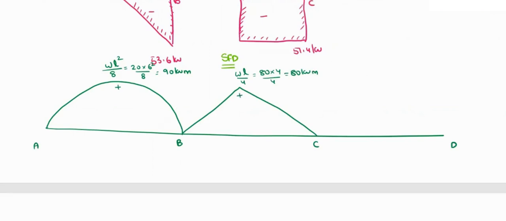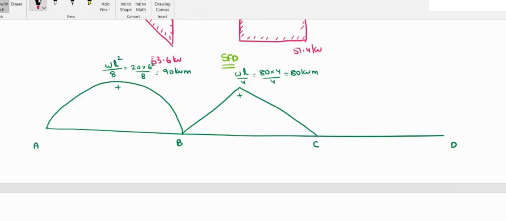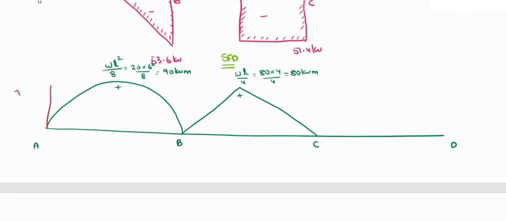Okay. So now coming to the fixed end moments. Here at A, you are having 72.8 kilonewton meter. This is the final end moment. And here you are having 34.4, so this is 34.4 kilonewton meter.